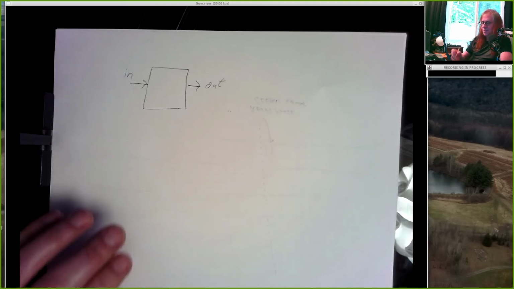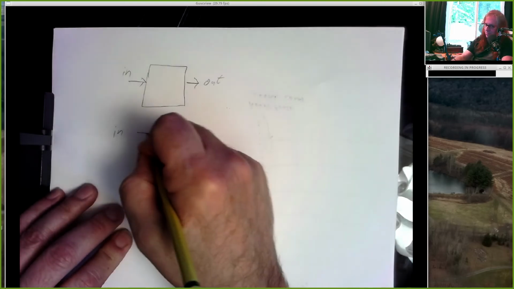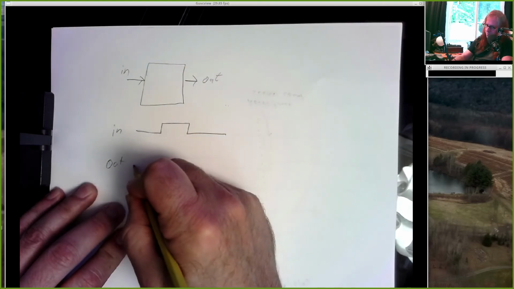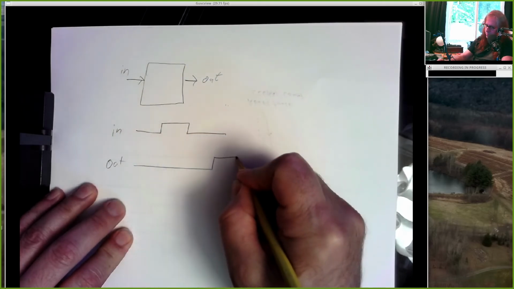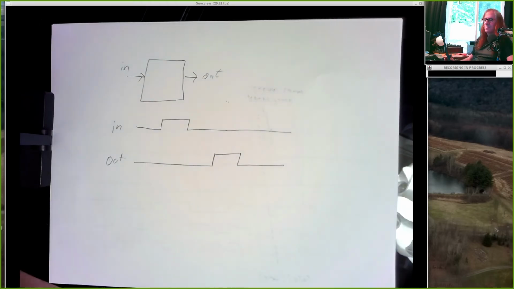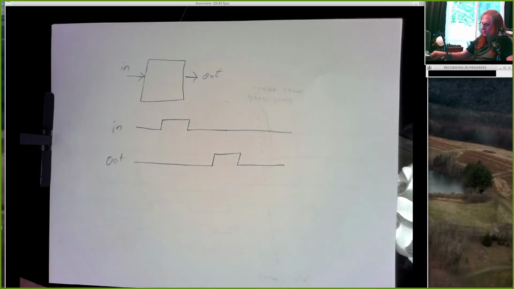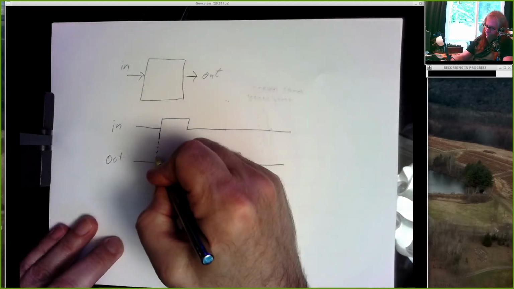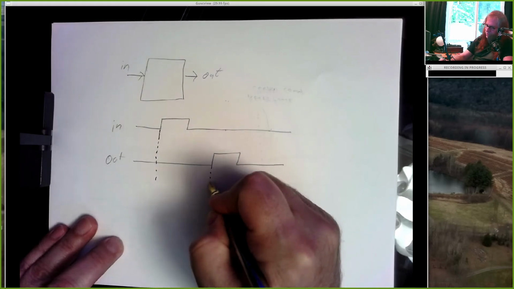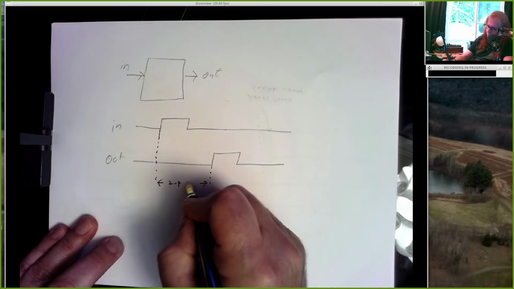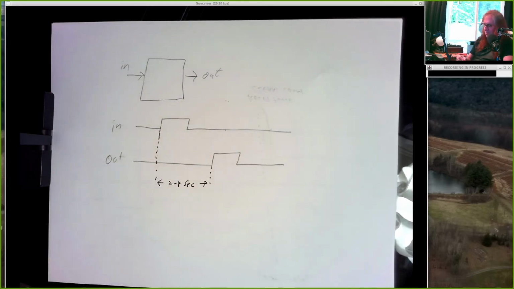And the intended behavior is the following. And the goal is that your output follows your input, but with a delay of 2 to 4 seconds.